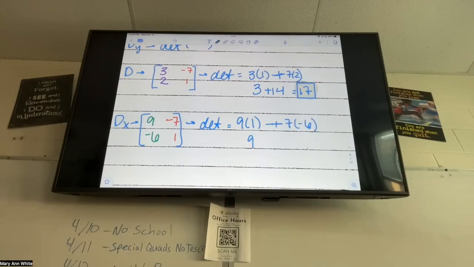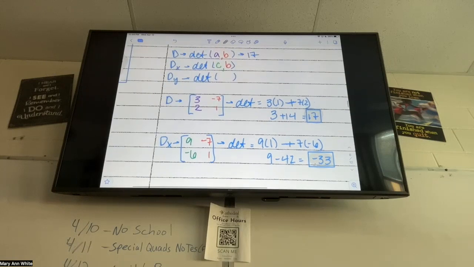These two negatives go together, but then I've got another negative with the 6, so it's going to be -42. So 9 minus 42, I believe, is -33. Are you guys okay with that so far?